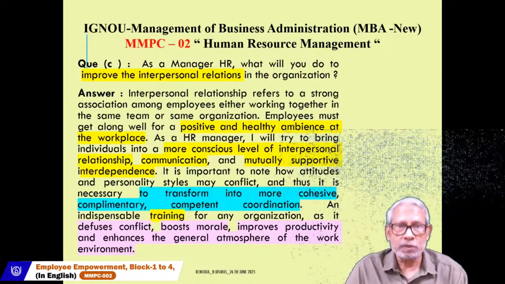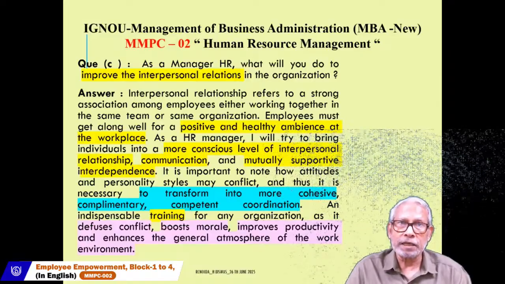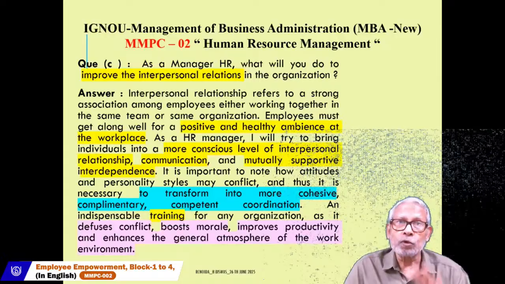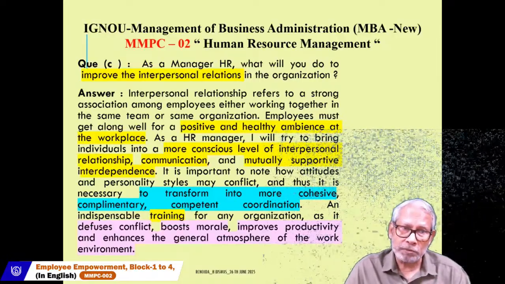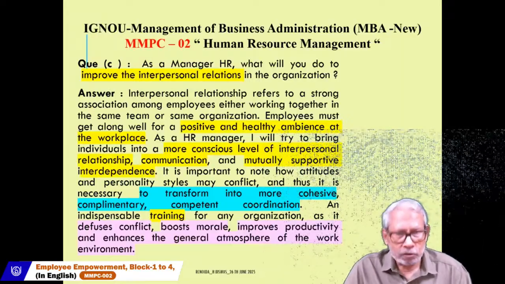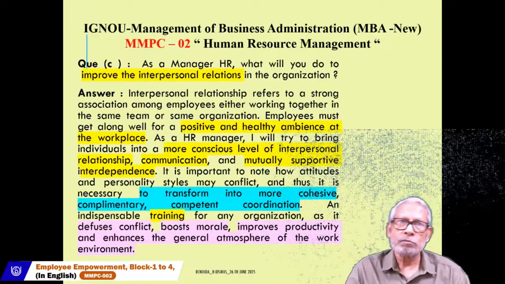If good training and competent coordination are there, then definitely you can diffuse the conflict, boost morale, improve productivity, and enhance the general atmosphere of the work environment. So based on the theory, you have to derive the things.